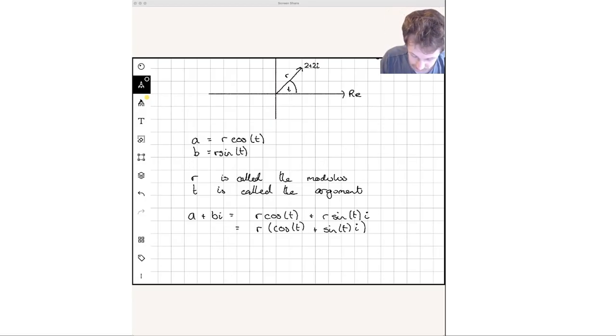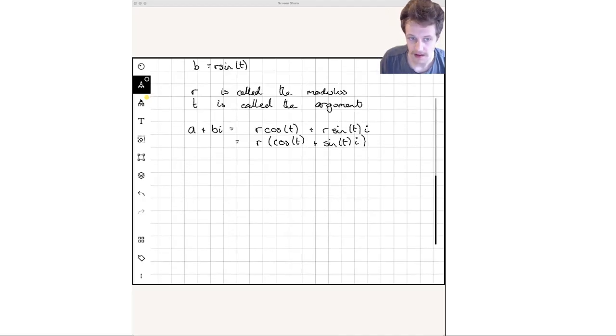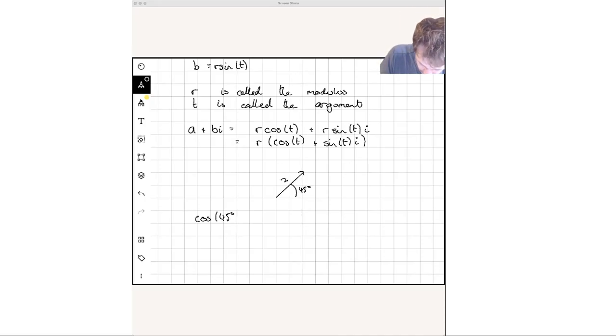So, to give an example, let's imagine we're told we have some arrow that makes an angle of 45 degrees and has length 2. Then we know that cosine of 45 degrees is the same as the sine of 45 degrees, which is the square root of 2 over 2.